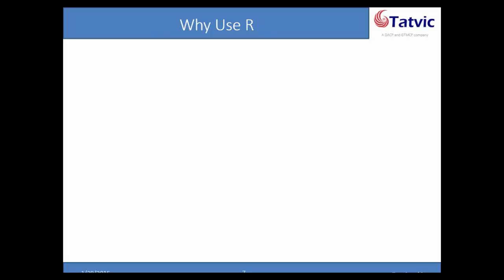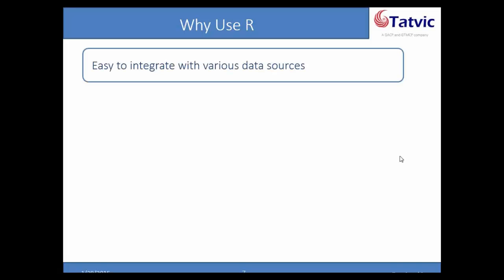Next, we'll see why R is a good fit for all these kinds of problems. The first step in any analysis is to actually bring your data from your source inside to the tool. And R is very versatile in this respect, in the sense that if your data resides in the form of a flat file or in a database, or let us say if you wanted to integrate with an API and query data over a web service, R makes it very simple to integrate with all these variety of data sources.